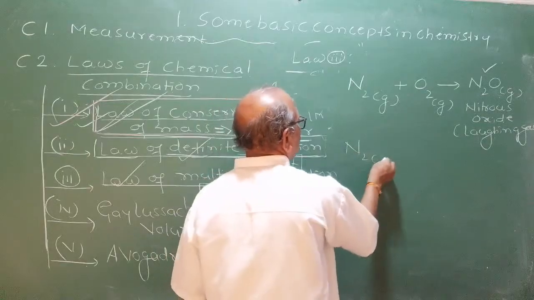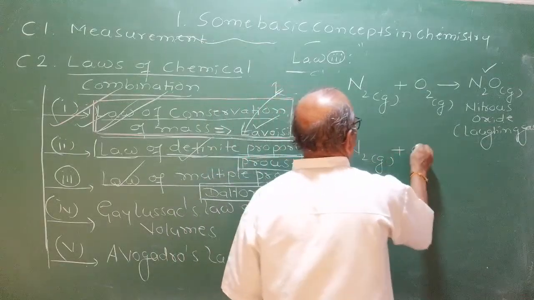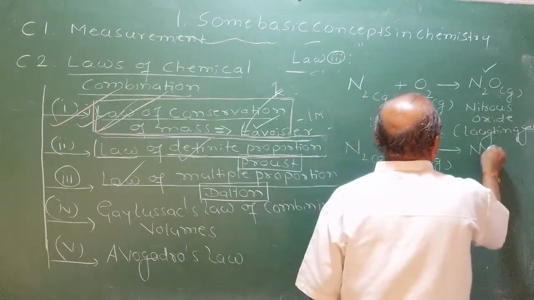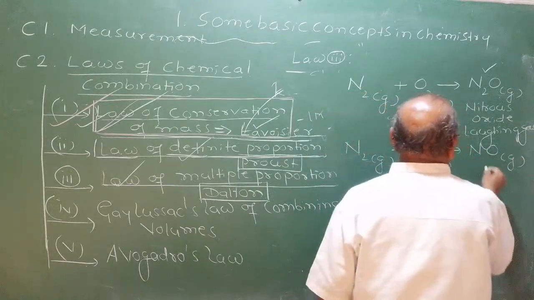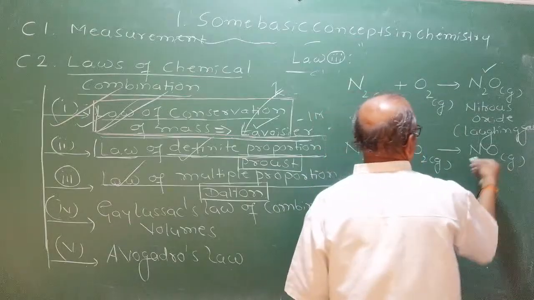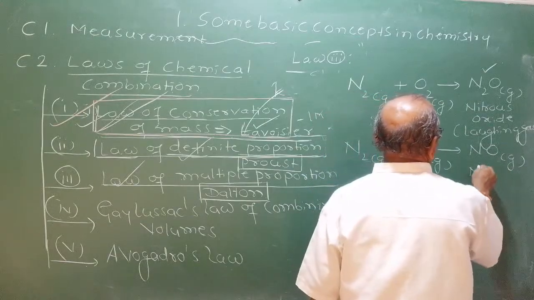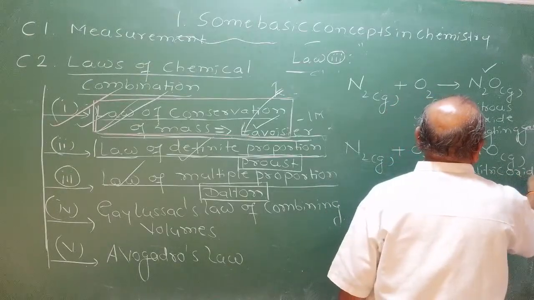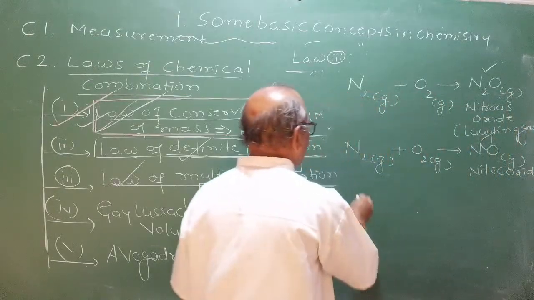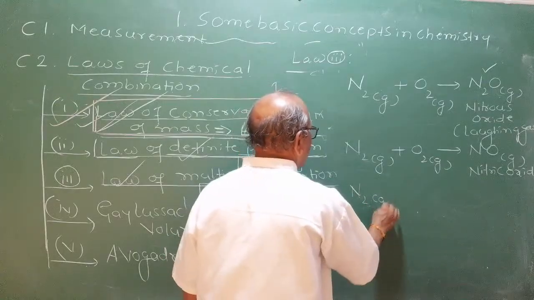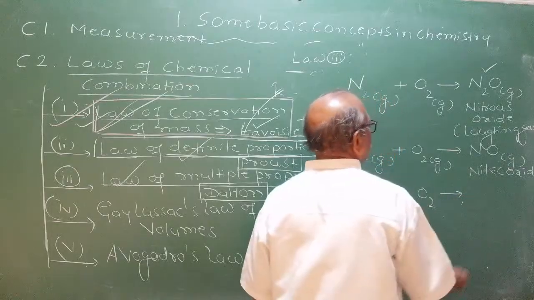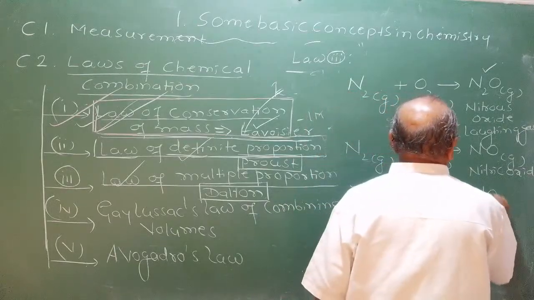And nitrogen can combine with the same oxygen gas forming nitric oxide. Number of oxides, we will take only 3. So the same nitrogen can combine with oxygen forming nitrogen dioxide.